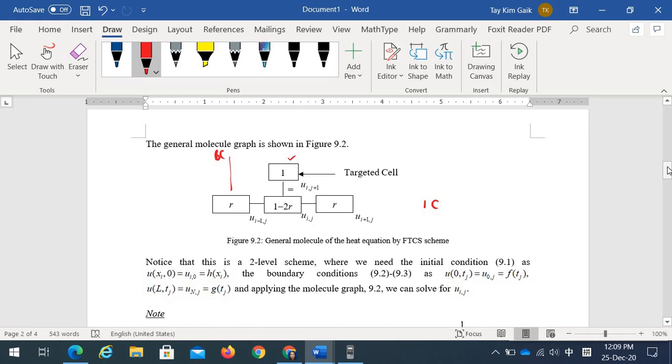So we directly apply this molecule, and we input the formula as r times left bottom, we represent as A, center bottom as B, right bottom as C.